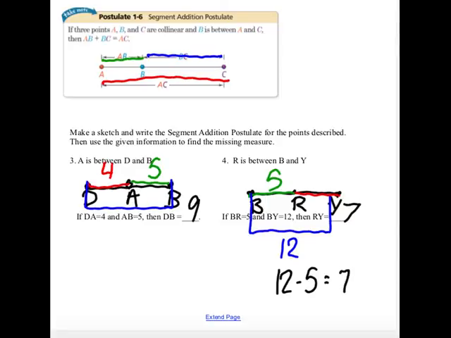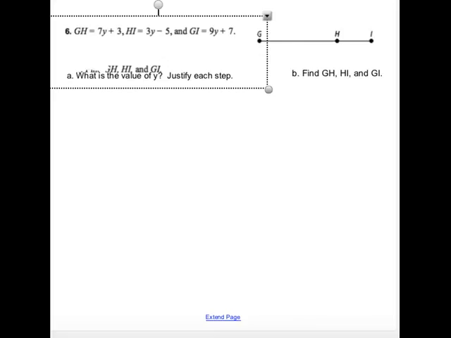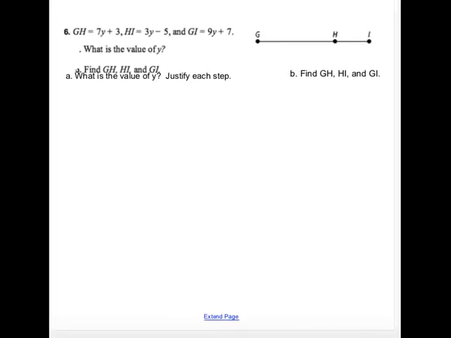Alright. If you need to go over those, pause, rewind, whatever works for you. Alright, so it says GH is 7Y plus 3. I'm going to label that. GH 7Y plus 3. HI is 3Y minus 5.